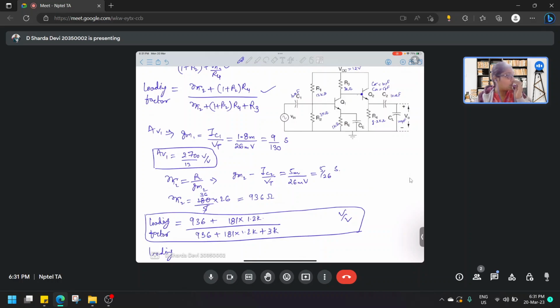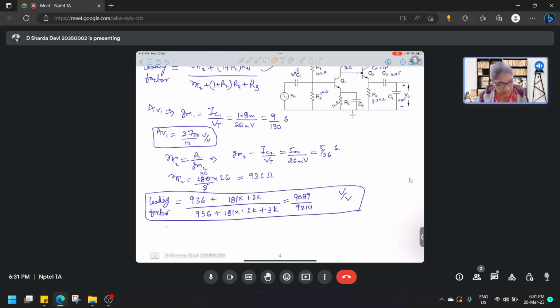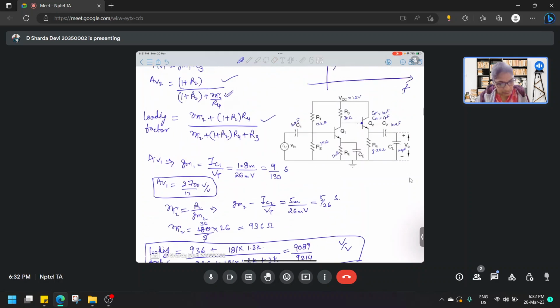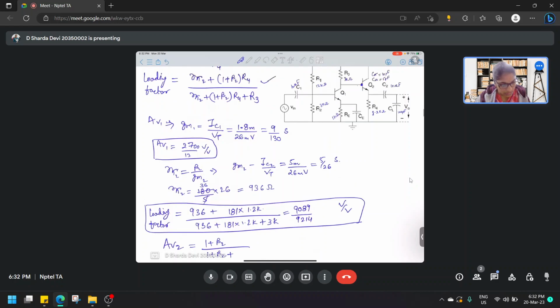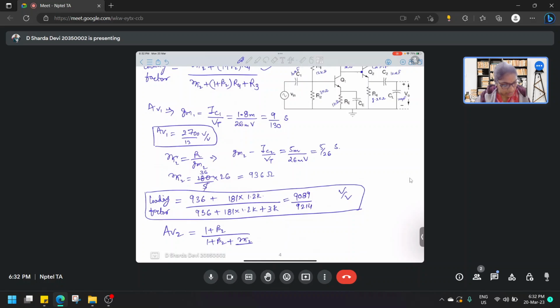And the value of the loading factor is 9089 by 9214. And when we say AV2, it is 1 plus beta 2 by 1 plus beta 2 plus R pi 2 by R4.